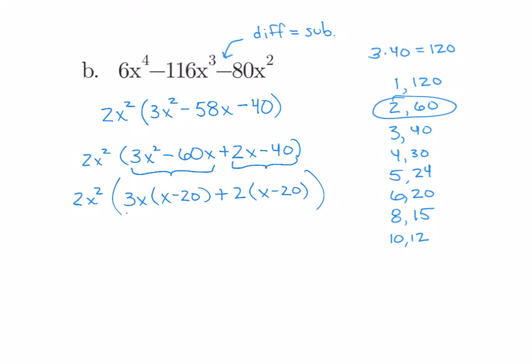All right, from there we can go ahead and factor out the common binomial. The first thing, if I get rid of the x minus 20, I am left with 3x. The second thing, if I factor out the x minus 20, I am left with plus 2. Bring down our common factor, or our GCF, and we are done with our factoring.